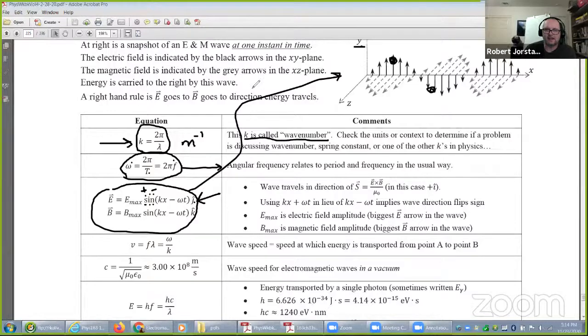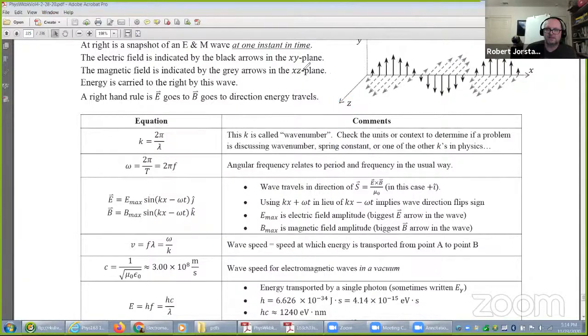Now, on the other hand, I'll do this one in blue. This one is going to oscillate about the k hat axis. So notice it's plus on this side, it's minus on that side. So the B field is oscillating in the k hat. Notice this symbol right here and this symbol right here tell you which direction this thing is oscillating.